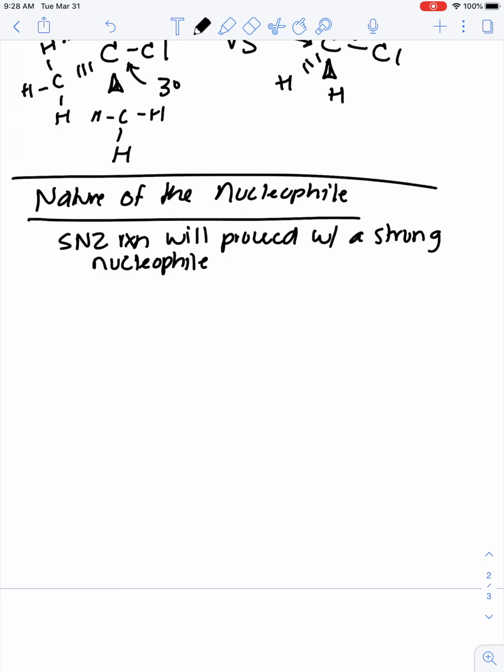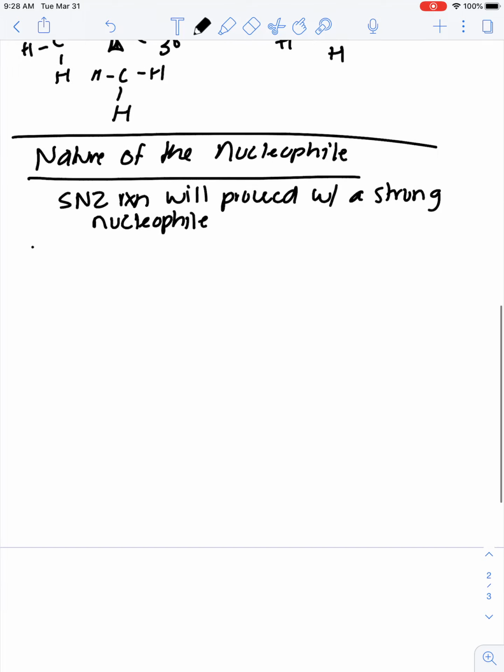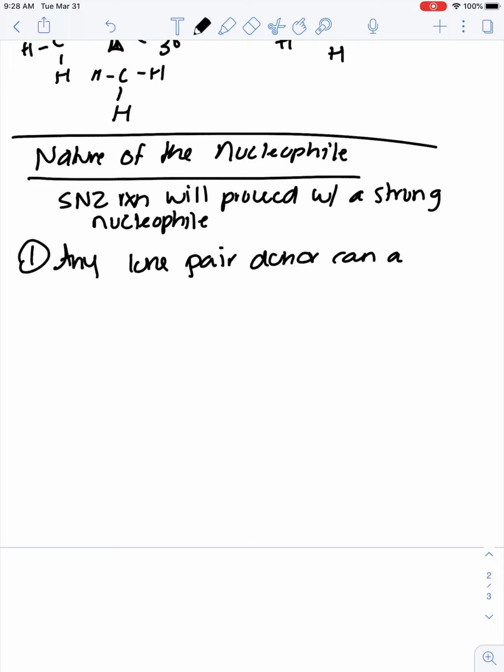So now we have to think about what makes something a strong nucleophile. So any lone pair donor can act as a nucleophile. So this can be something as an anion or neutral species.